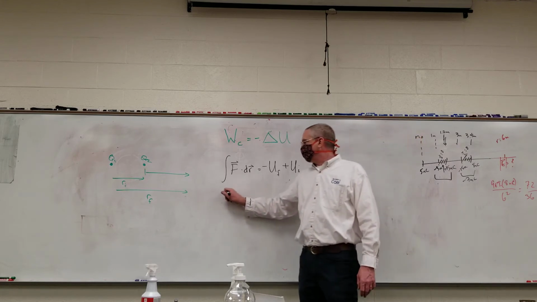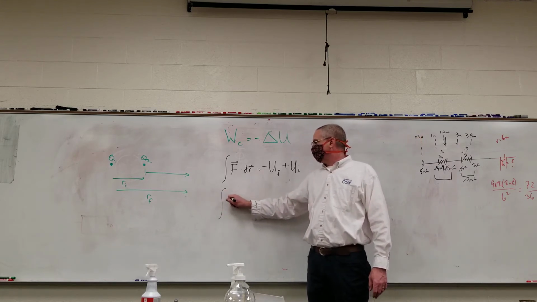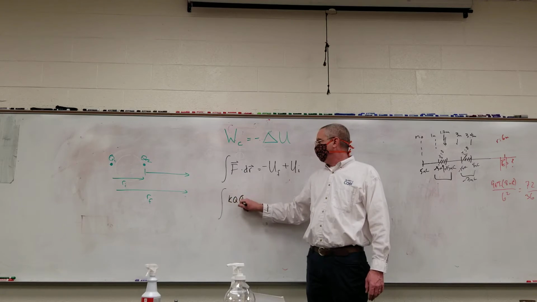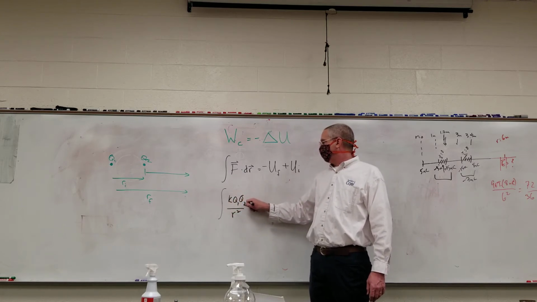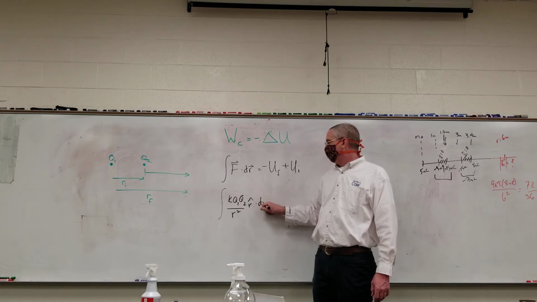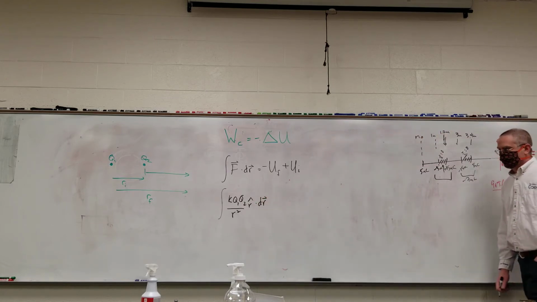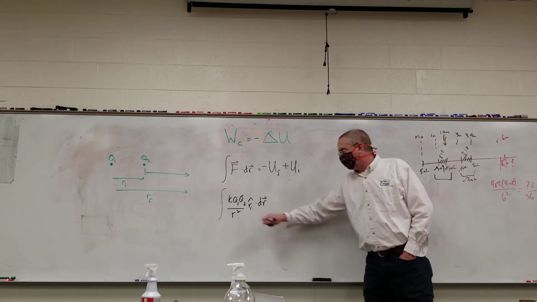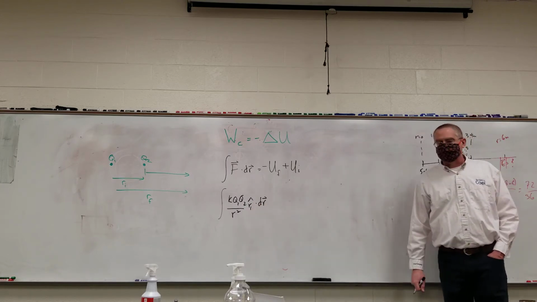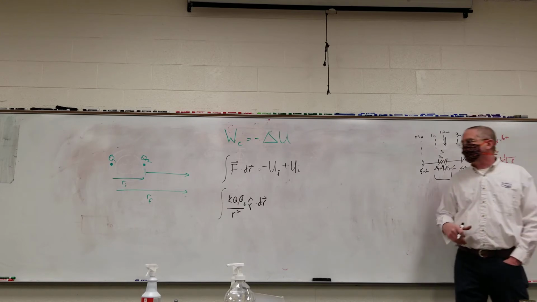Okay. So yes, it is electric force. So this is K Q1 Q2 over R squared R hat dot, I guess R1 hat, because this is the force on charge 2.